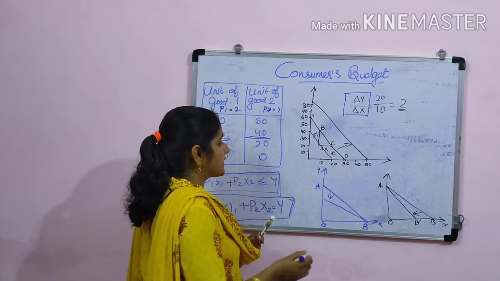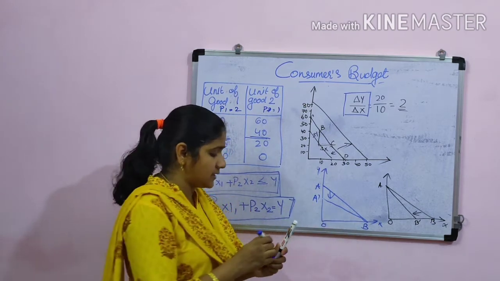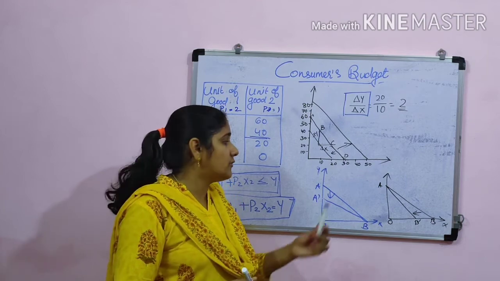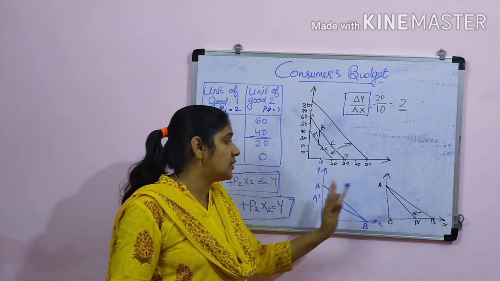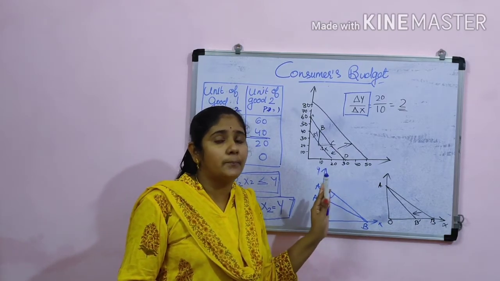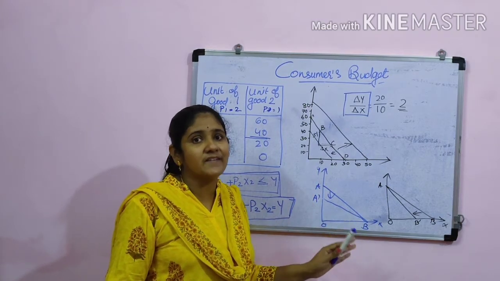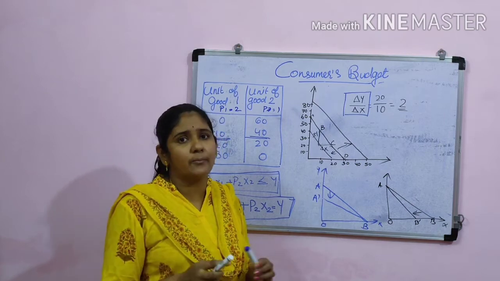Otherwise, if it was AB, now A dash B became the new price line. So what happened? This is rotation of the price line, otherwise budget line. It is taking place as a result of change in price of any one commodity.